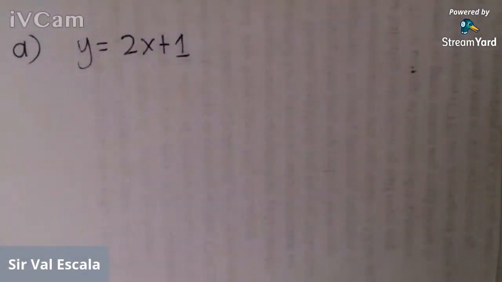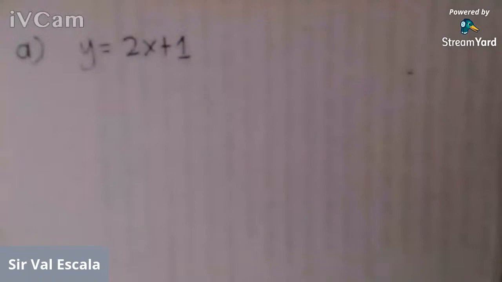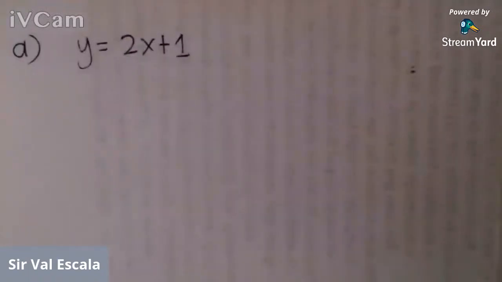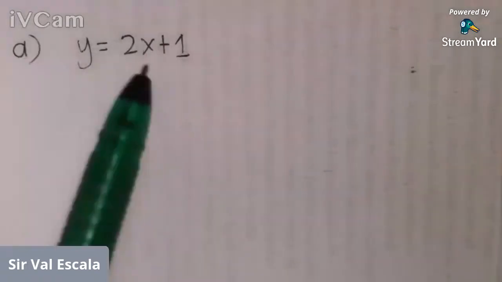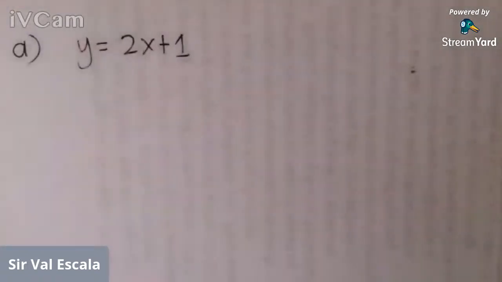Sa letter A, y equals 2x plus 1. Titingnan nyo kung meron ba siyang anything na magpapakomplikado nung ating example. Wala namang komplikado. So, madali natin ma-identify kung anong function siya.